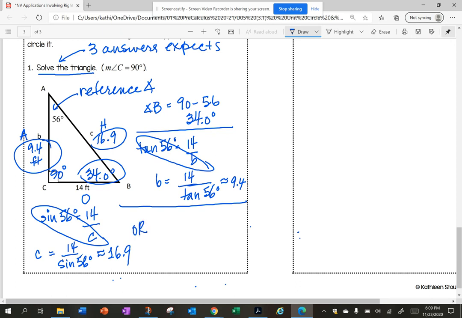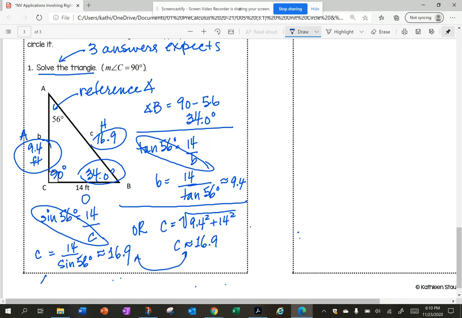Or if I wanted to, I could use the Pythagorean theorem. So I already at this point knew two of my three sides. So I could solve for my third side, which was going to be the square root of 9.4 squared plus 14 squared, taking the square root, and I would get C as approximately 16.9, which is what I got with my trig.